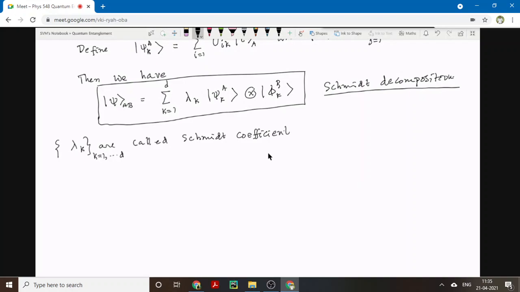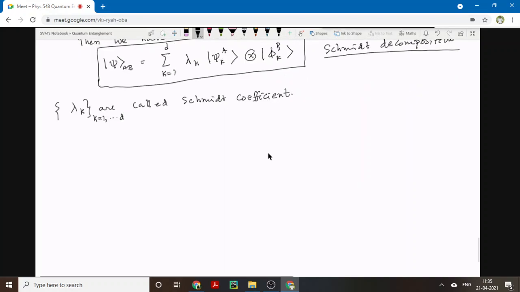Schmidt coefficient. Okay. Now we can use this. So you can say the number of Schmidt coefficients.